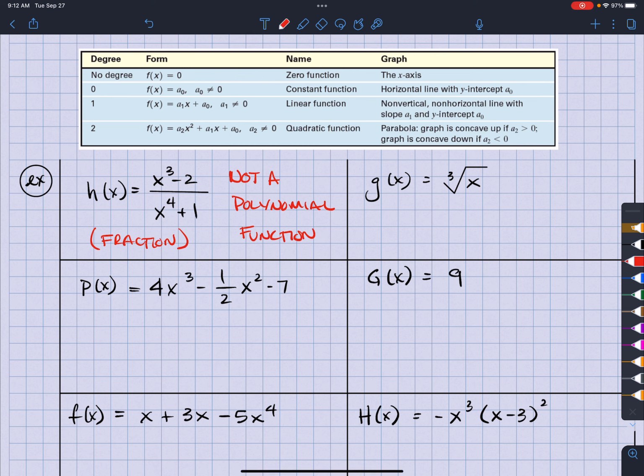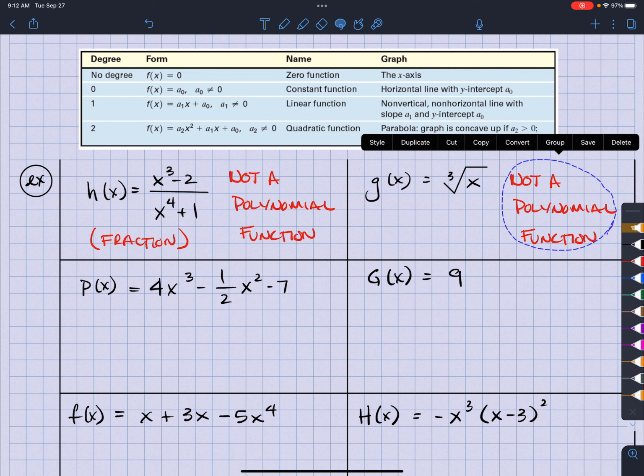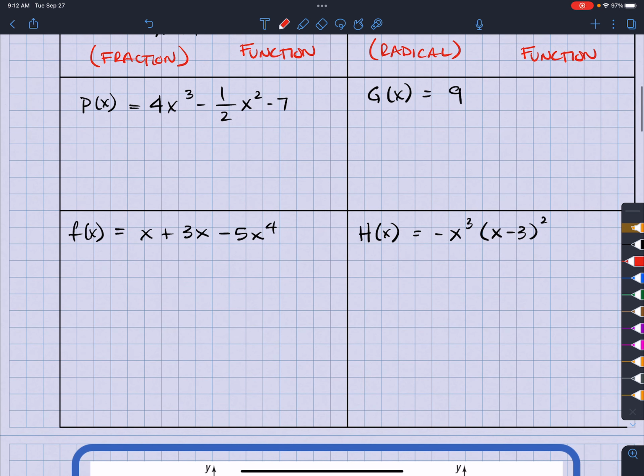This second one here is also not a polynomial function. And why is that? Because it's a radical. The next one, it never said anything about the coefficient being a fraction. It's just saying the polynomial being a fraction.